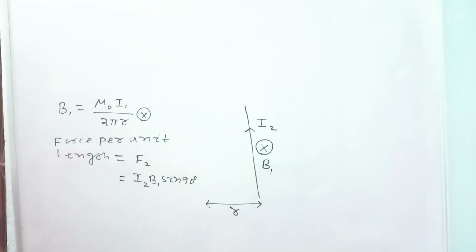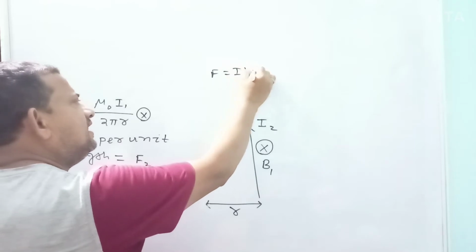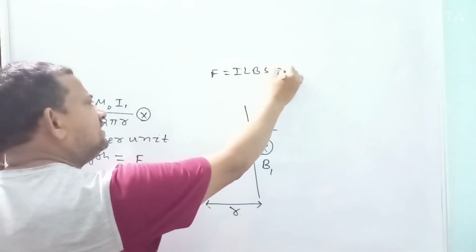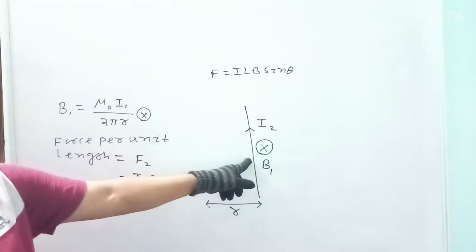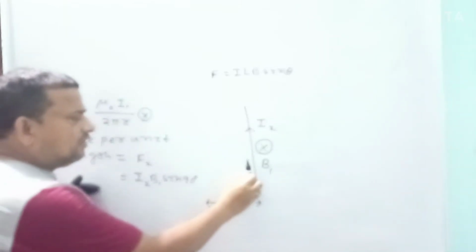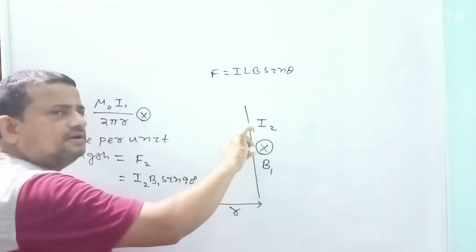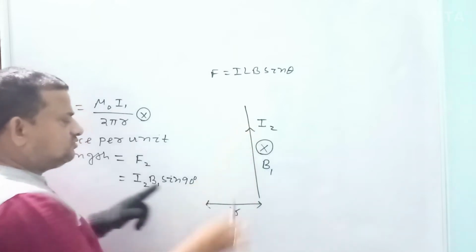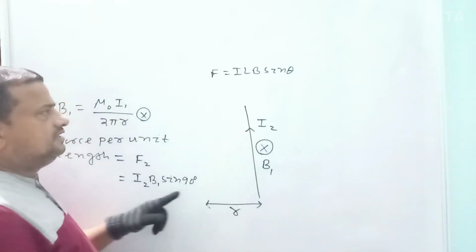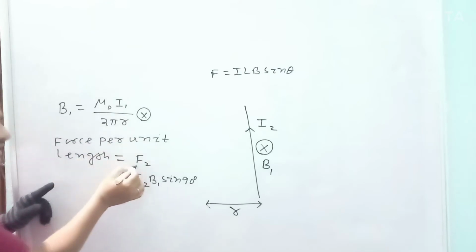You know this formula, what? Force is equal to I L B sin theta. And in this case, theta is 90 degree. How? Current is in this direction, magnetic field is inward, towards the wall. So the angle is 90. That's why I put 90. And I have taken force per unit length as F2.